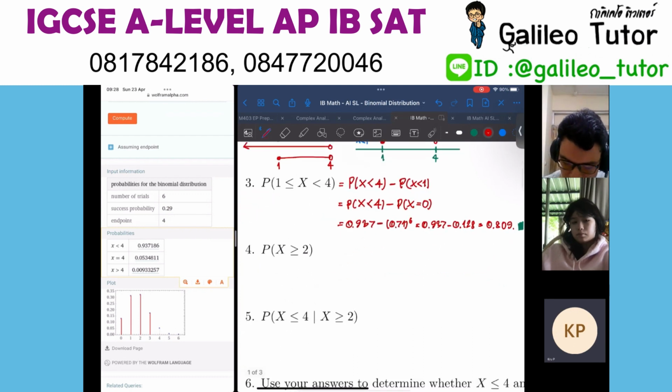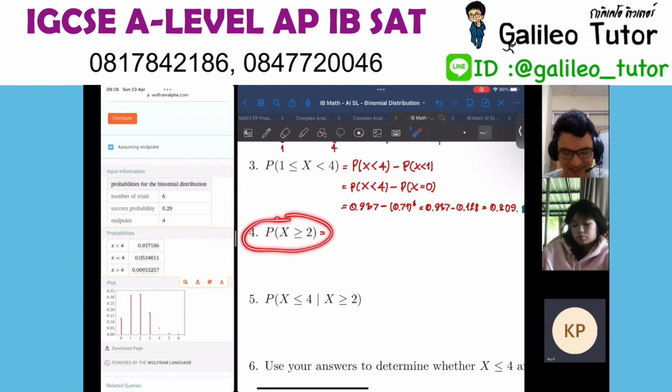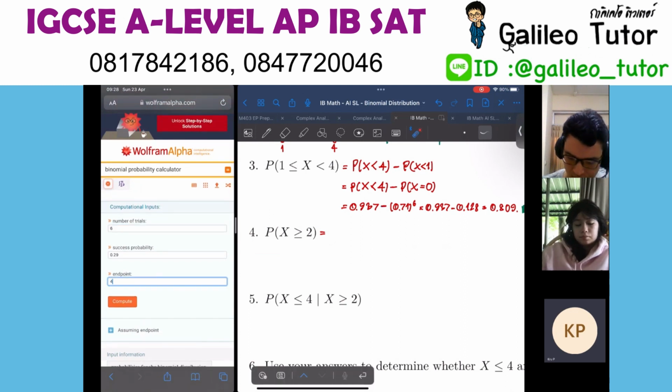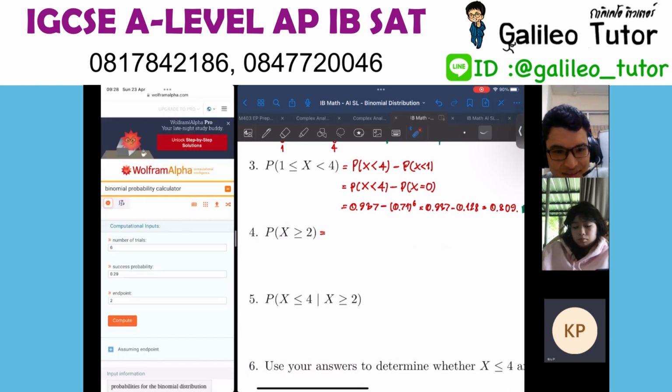Now, what is the probability of x greater than or equal to 2? What is this one, Sarah? To calculate. How do you have 0.763?